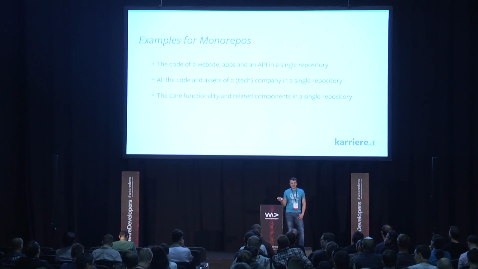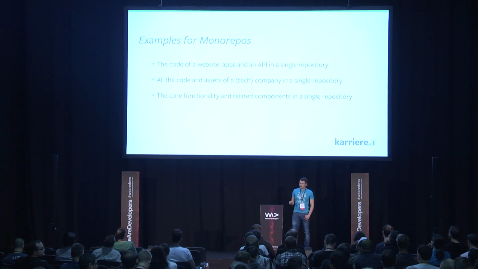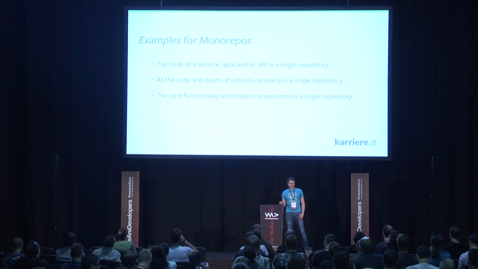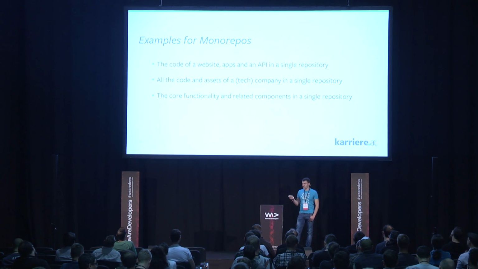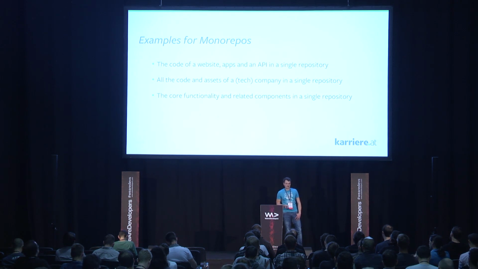Basically every line of code that is written inside a company, for their internal services and for their software products, is contained in one single repository. And the third example could be the core functionality of a project and multiple related components all contained in one single repository. Basically, the JavaScript framework React or the PHP framework Symfony are using such an approach.